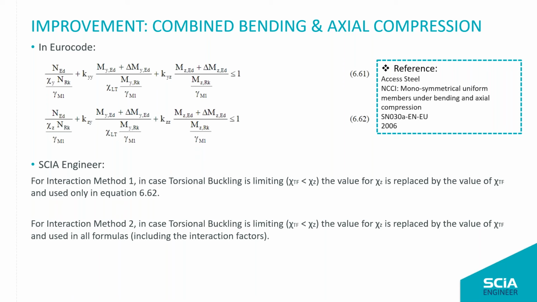Eurocode only combines the lateral torsional buckling together with the flexural buckling limits, whereas in SCIA Engineer, we will actually check if the torsional buckling case or the torsional flexural buckling case is not more limiting than the flexural buckling itself. And in case it is more limiting, we will actually combine the torsional buckling with the lateral torsional buckling instead of the flexural buckling itself.